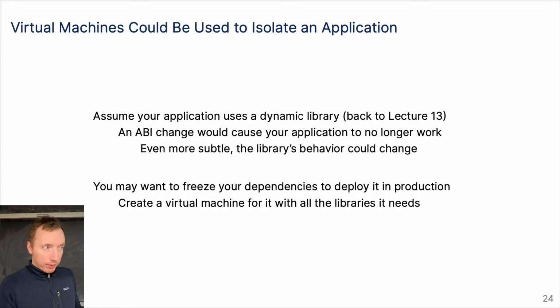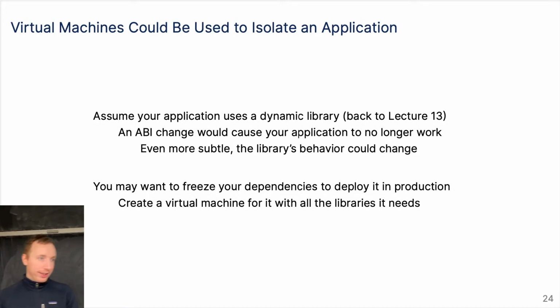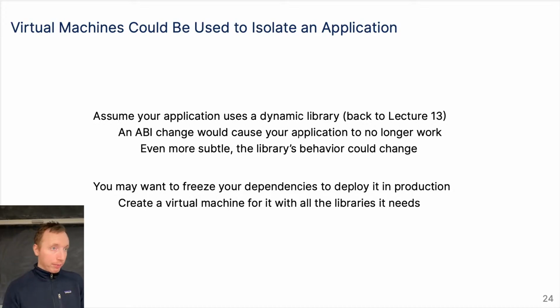So this is where we get to the containers and what Docker is. So one idea people had when they started using virtual machines is like, wow, this is great. Everything's so nice and consistent. Updates don't break anything. Everything's completely isolated. So people started like what we had before with dynamic libraries.